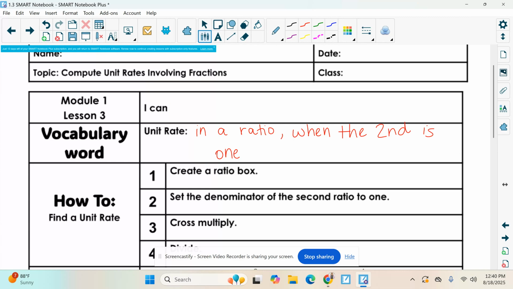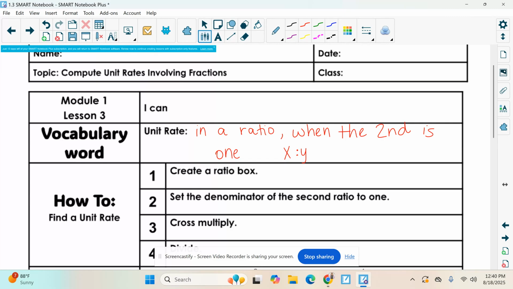Remember I said unit rate was one of our buzzwords. When you have a ratio, you're comparing X value to Y value. Dogs to cats. Purple to gold. Pancakes to waffles. Okay? You're comparing two separate things.